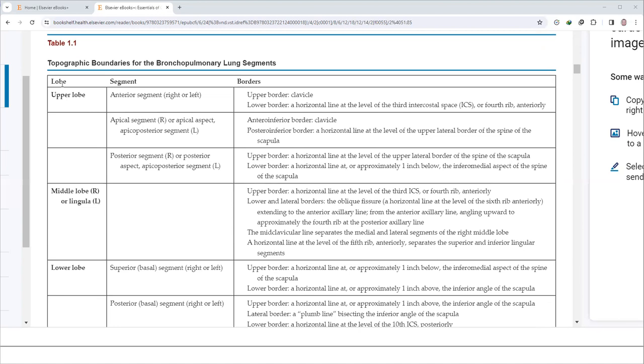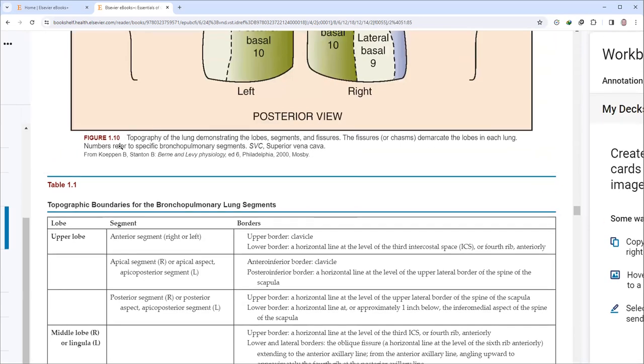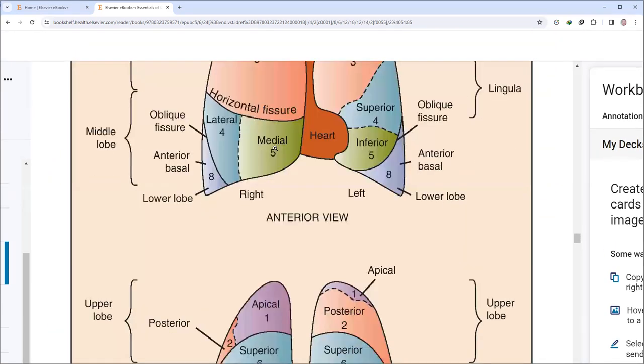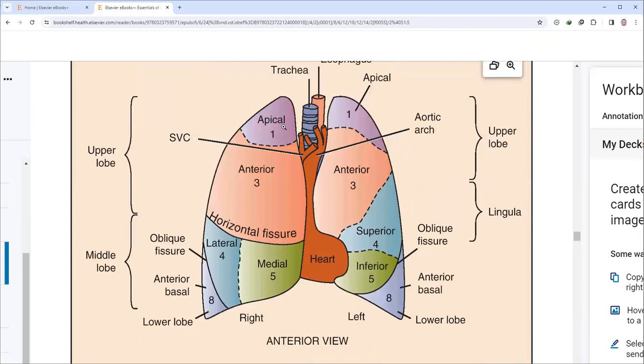For the upper lobe we have the anterior segment, right and left. I don't think we need to know more details about the borders, but we have anterior segments right and left, and these are parts of the upper lobe.